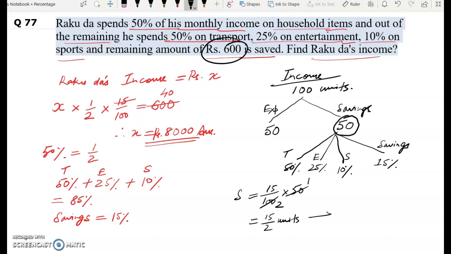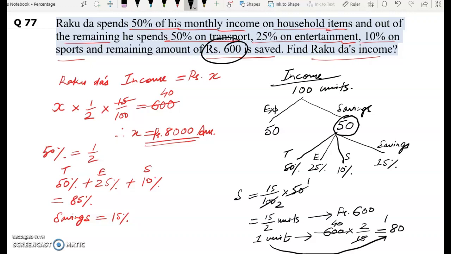So 15 by 2 units represents rupees 600. So 1 unit will represent 600 divided by 15 into 2, multiplied by 2 by 15. 15 into 40. So 1 unit will represent 80 rupees.